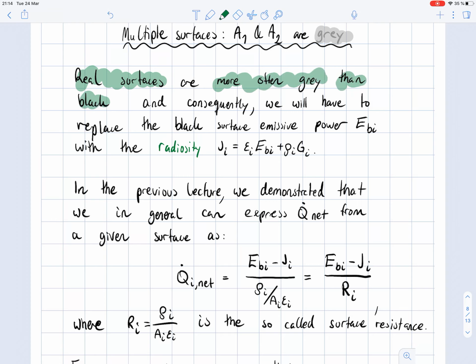Consequently, we will have to replace the black surface emissive power, EBi, with the radiosity, which contains a fraction of the emissive power depending upon the emissivity of the surface, but also a fraction of the incoming radiation based on the reflectivity of the surface in question.